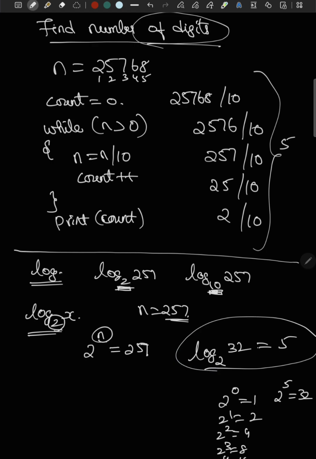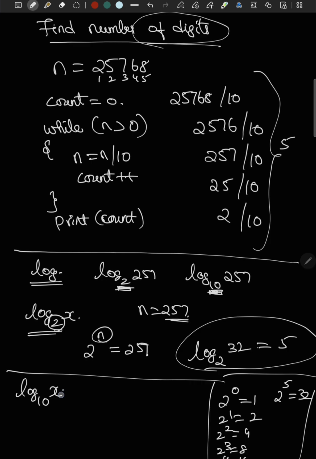Similarly, we can do this in the reverse way also. So let's see what the logarithm of base 10 is. Let's take log base 10 of 1000. What's the value here?